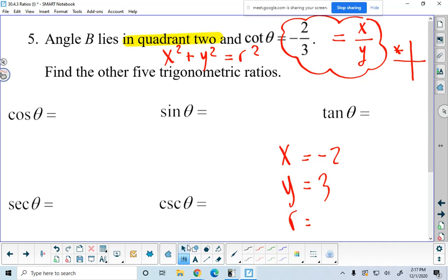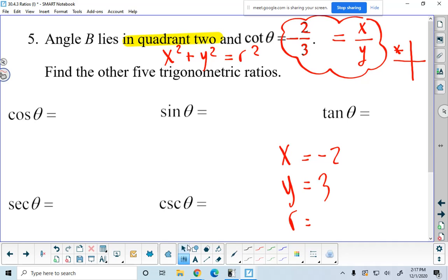So Emily, you typed x is negative because it's in quadrant 2, and the answer to that is yes. We know that if we have negative 2/3, the negative must belong with the x or must belong with the y.